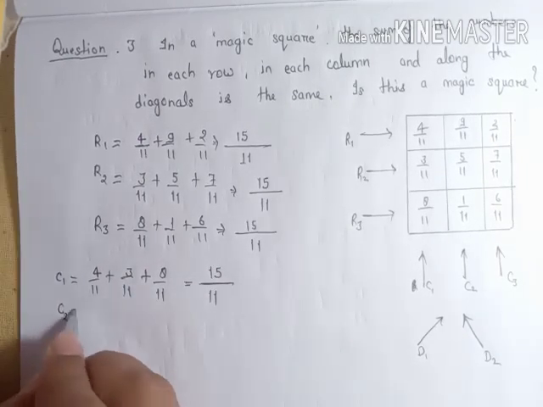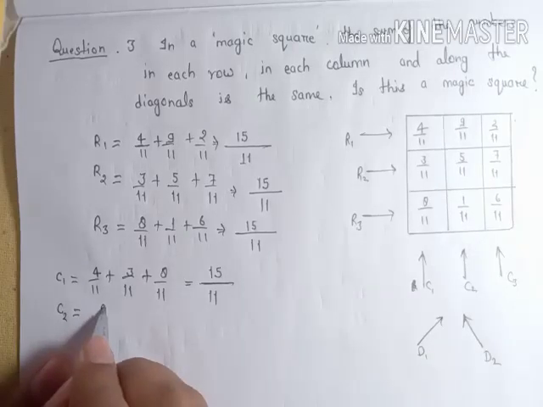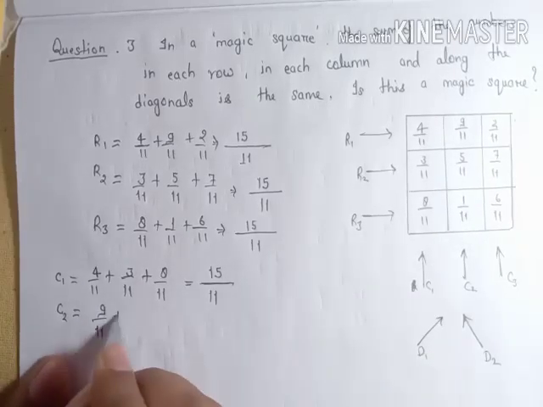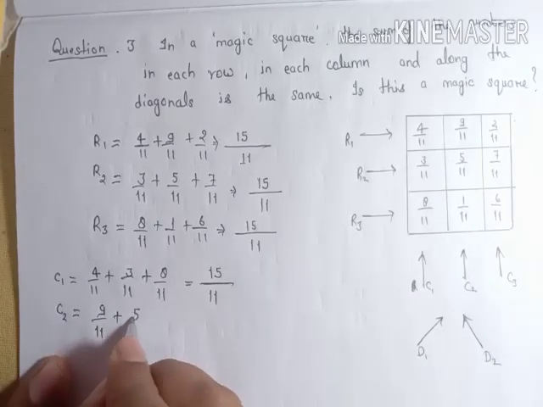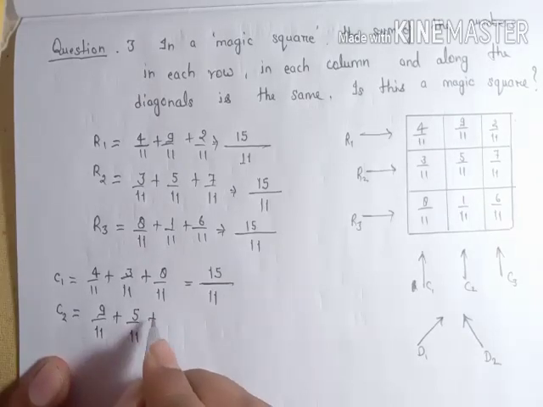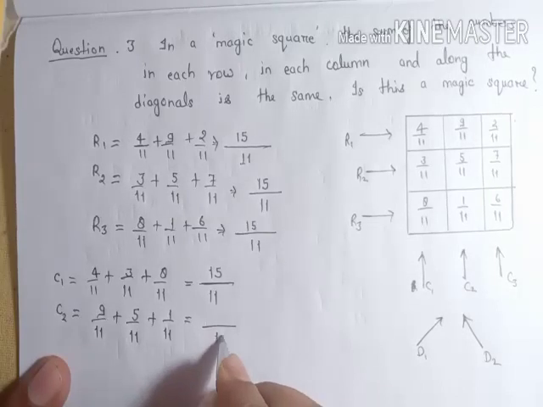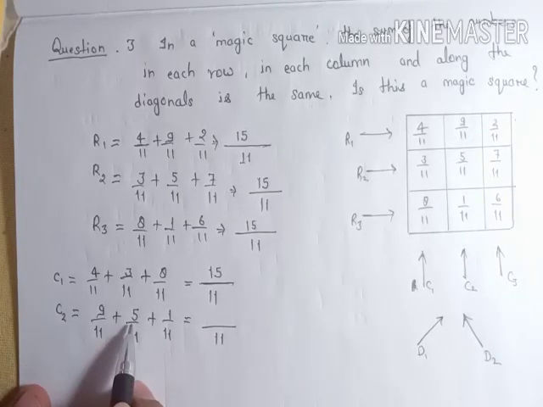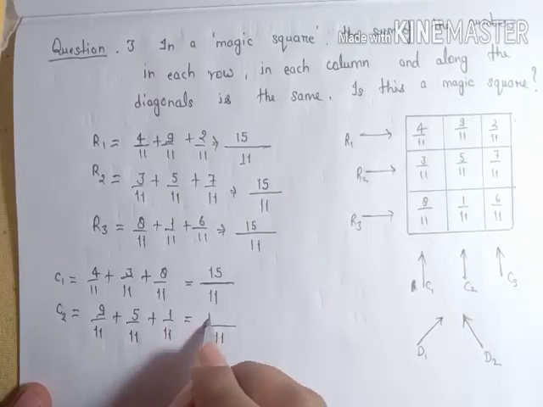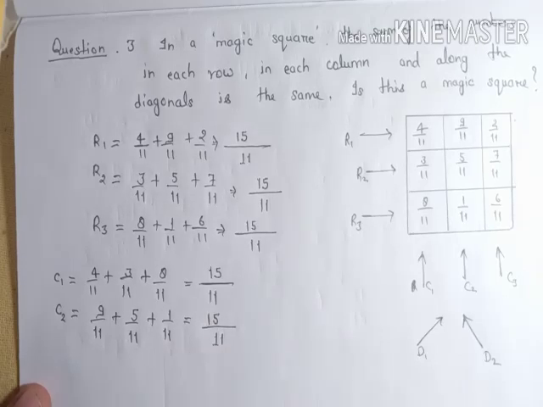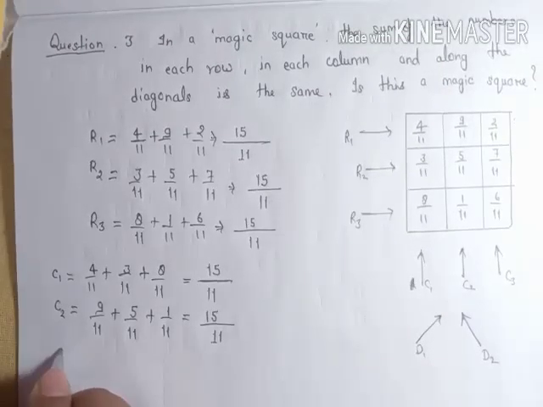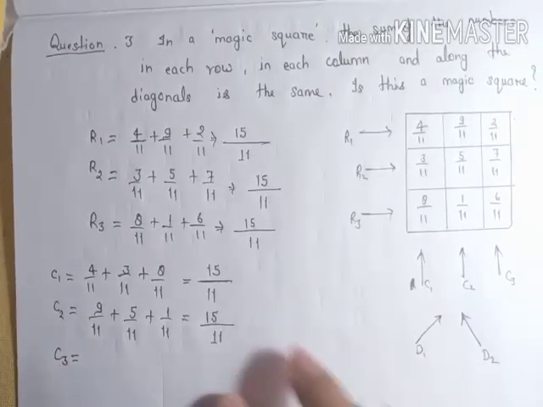Check the value for C2. C2 is equal to what? 9 upon 11, 5 upon 11, 1 upon 11. Again the LCM is 11: 9 plus 5 is 14, 14 plus 1 is 15. Check C3, that is column number 3.